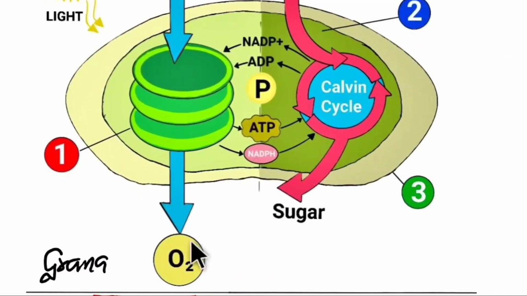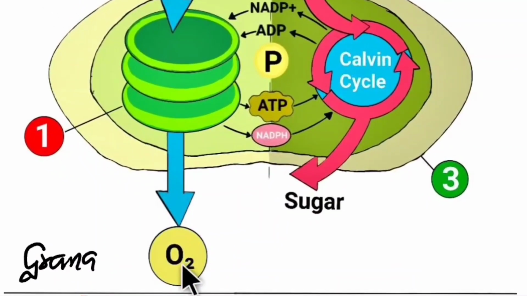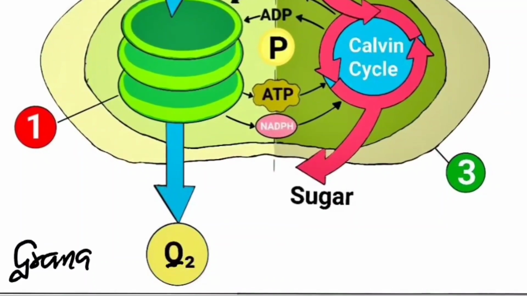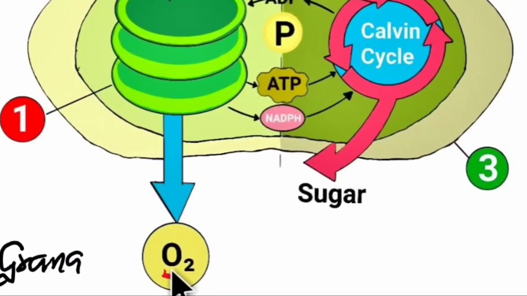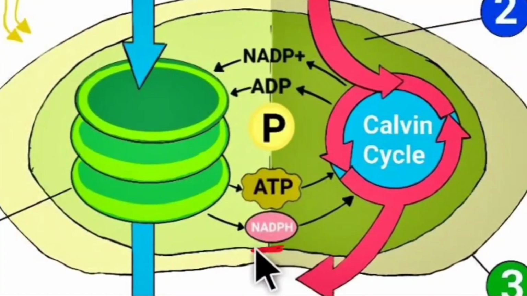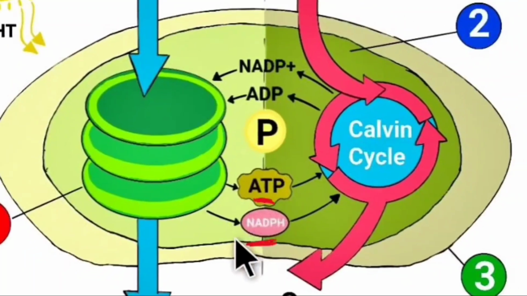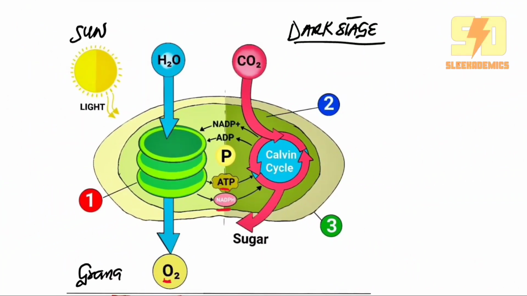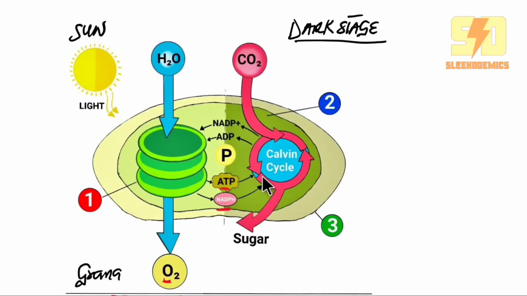So one of the products here, which is a byproduct, is oxygen. Also, we have NADPH, which is NADP plus that has been reduced, and we also have ATP. But as oxygen leaves the system, ATP and NADPH are now introduced into the dark stage, where we have the Calvin cycle.